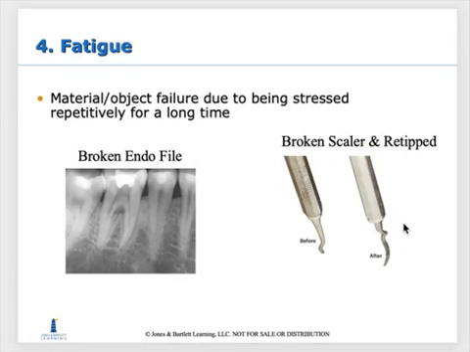I've never done that. I don't know if that compromises the strength of the instrument, but it's interesting that that's available. Another great example is bruxism. Clenching and grinding can do a lot of wear on dental materials, and eventually they can definitely fracture.